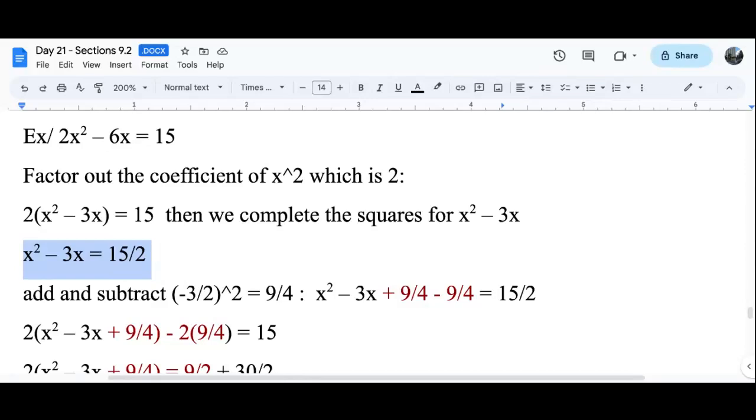Now, what's the b term in this case? Remember, we have x squared plus bx plus c. What's b? Negative 3, isn't it? We do b divided by 2, negative 3 divided by 2. Then we square it.